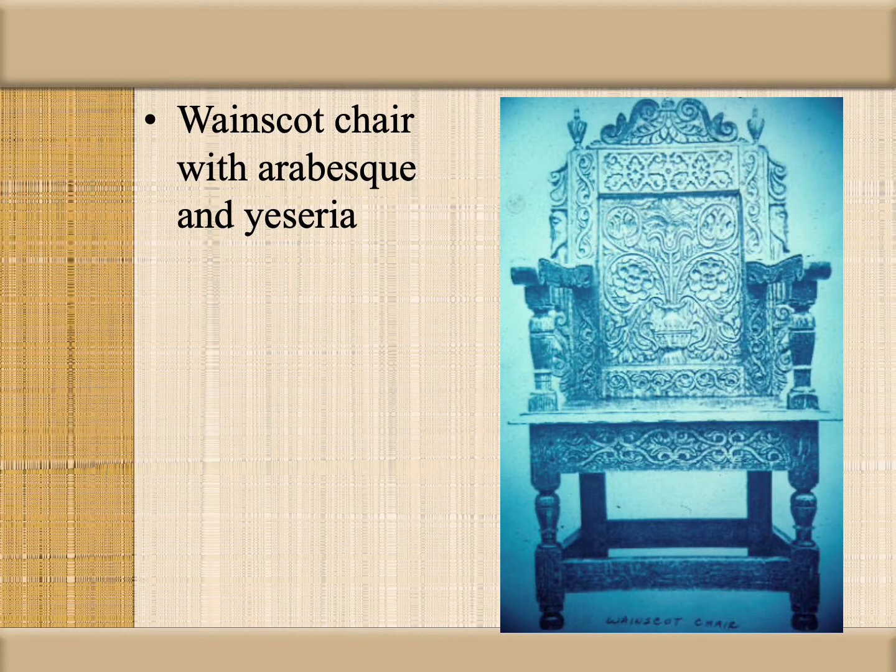So you'll see all of those really arabesque flowing lines with a lot of floral elements in them. The wainscot chair, which is the same as what we've discussed numerous times, sits up against the wall, looks like the wainscot. But once again, you can see the really straight lines in all of these pieces as the main structure of them, but you get a lot of curved lines and a lot of movement in the decoration.